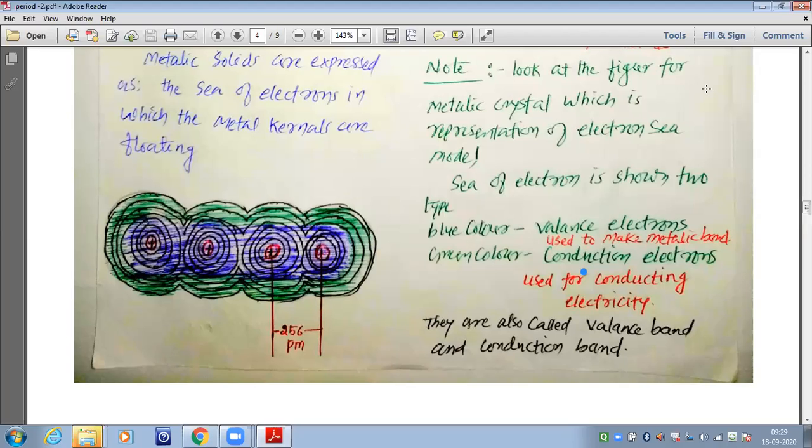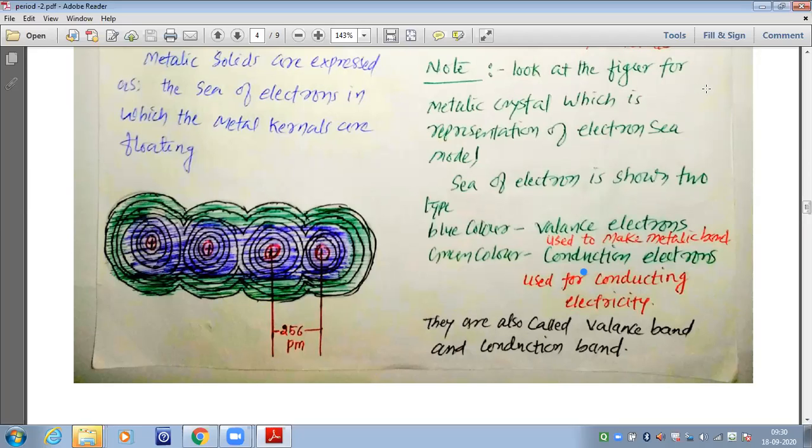Now the reason why I have shown you the blue ink and green ink separately, we are going to study that also. But you can see that in the sea of electrons, the metal kernels float in the metal, and that is how we can measure the distance between the centers of two metal kernels.